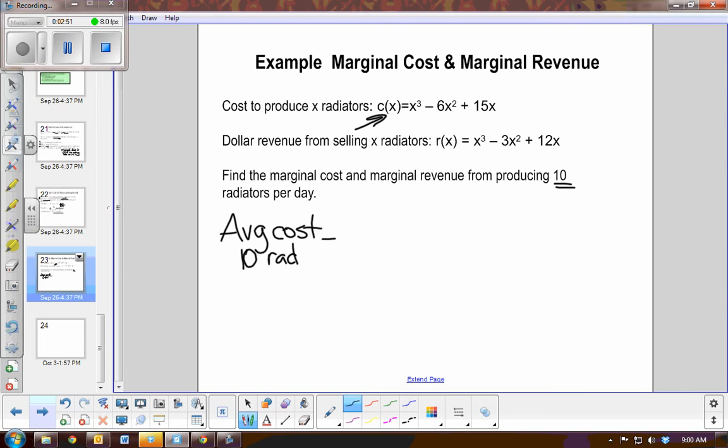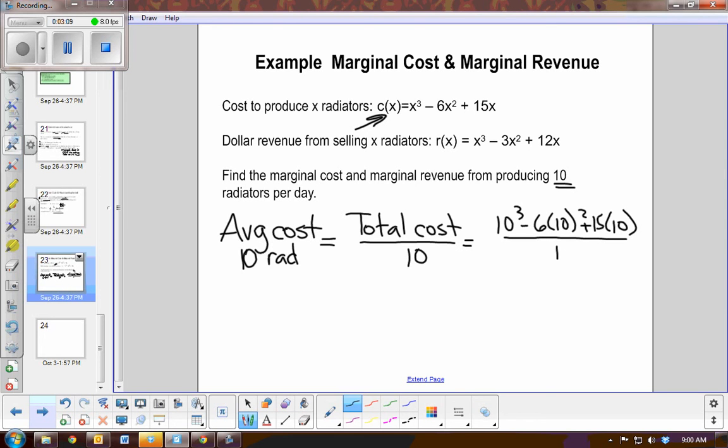So what I would do is find the total cost divided by 10, okay? So we would just substitute the value 10 into the function. So we would have 10 cubed minus 6 times 10 squared plus 15 times 10, all divided by 10. And when we do the mathematics, we end up with $770 as the total cost divided by 10.